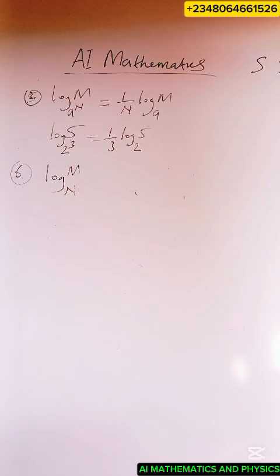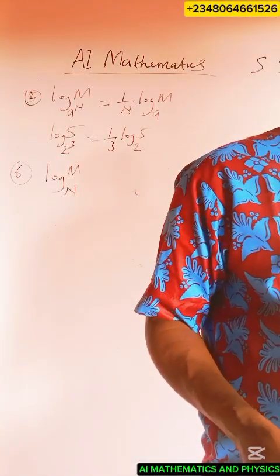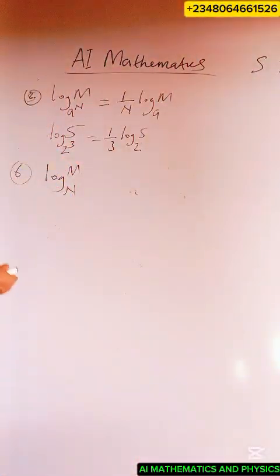Maybe you are solving a question, and in that process you have to change the base to another value. In that case, you do what we call change of base. You change the base, because you need base m and not base n.